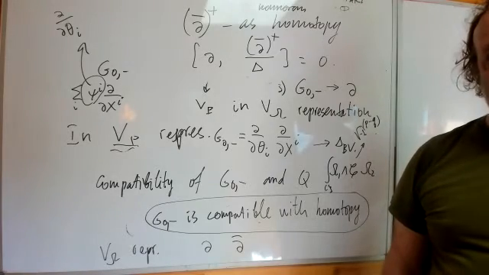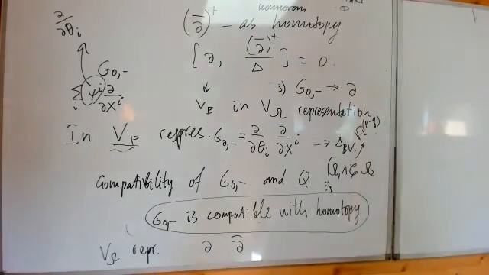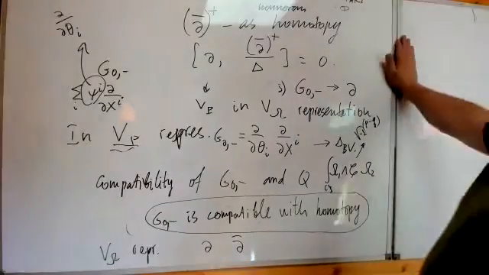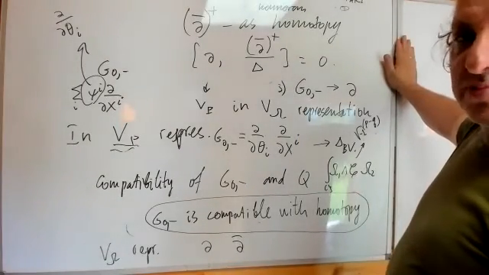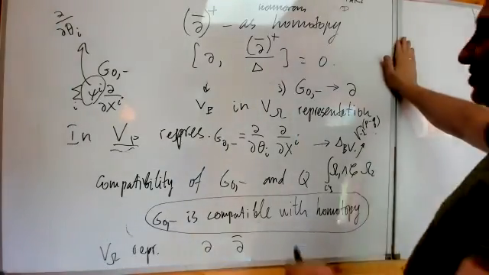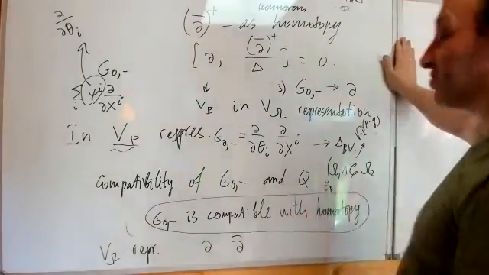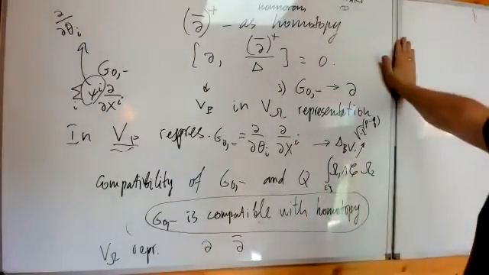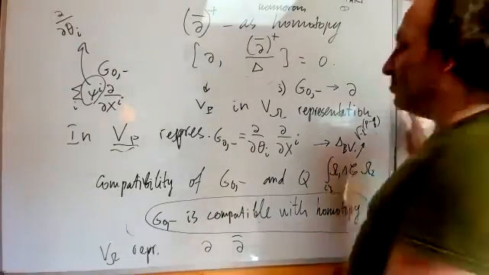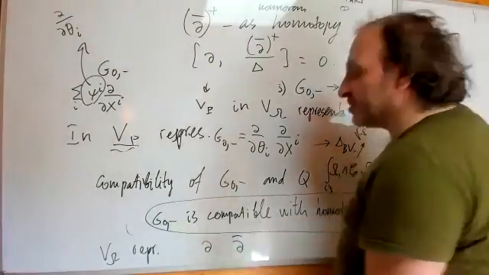So this defines the Feynman diagrams for BCOV. However, homotopy is defined with the help of the differential form representation. So G naught minus is Dalibor in the differential form representation.